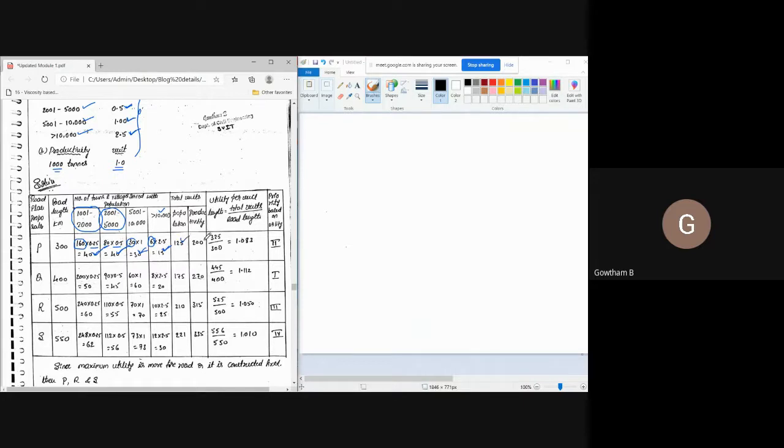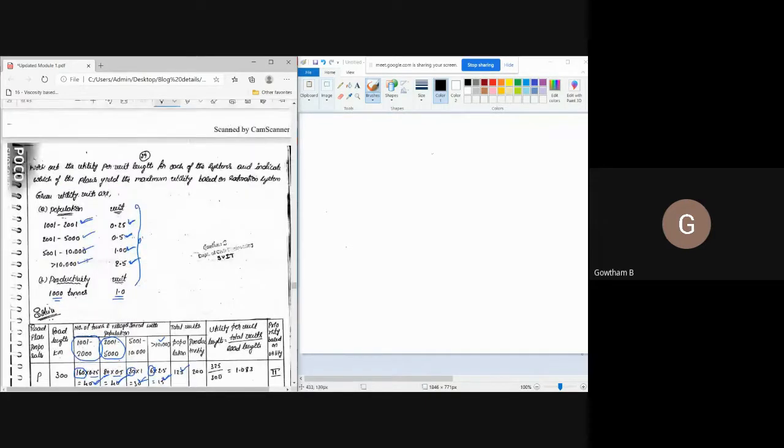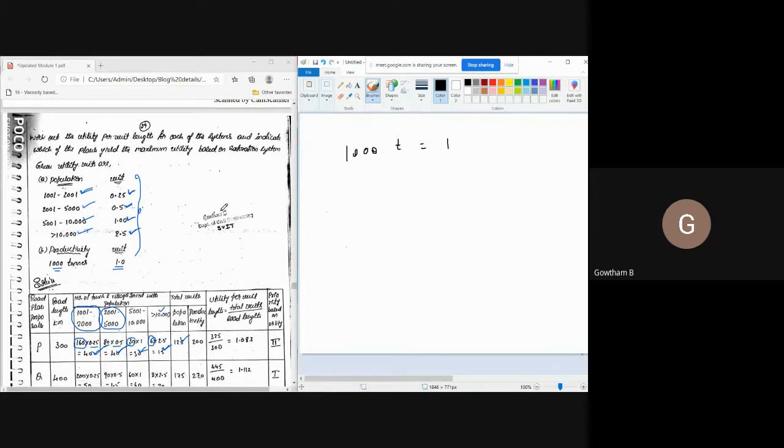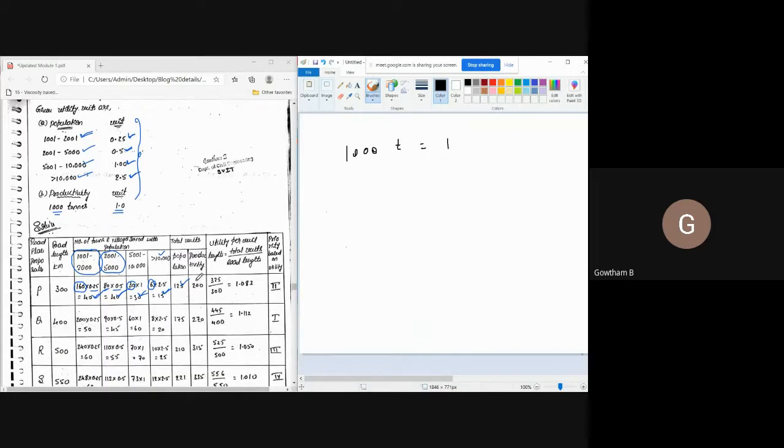Now, in order to calculate productivity utility units, he is saying that 1000 tons of agricultural products is equal to utility unit 1. Here for proposal P, the total weight given is 2 lakh.